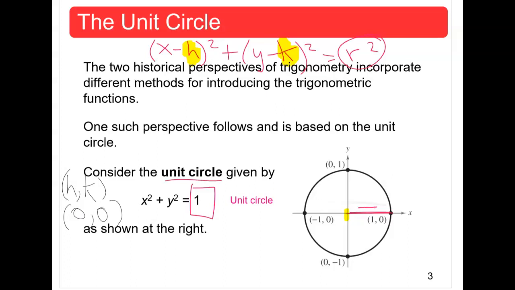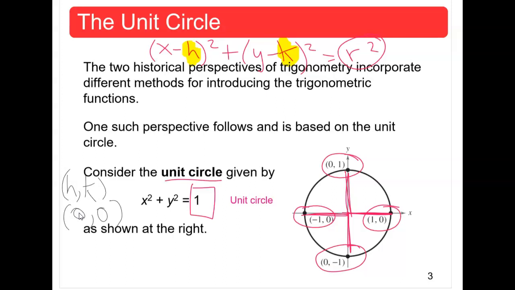So the distance is always positive, so the radius is equal to 1 here and here and here and here. And so for that reason, you can see the coordinates of the points that are actually on the circle. They are 1, 0, 0, 1, negative 1, 0, and 0, negative 1.